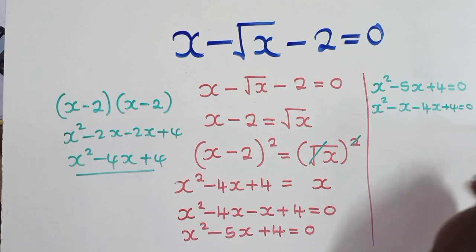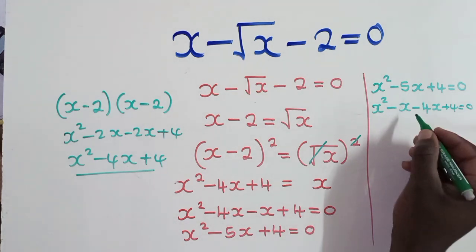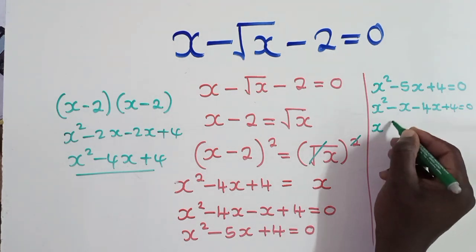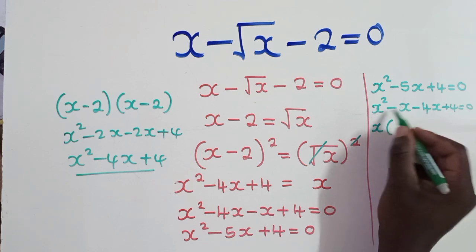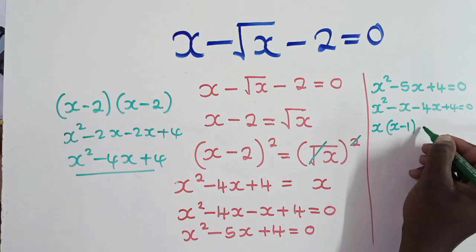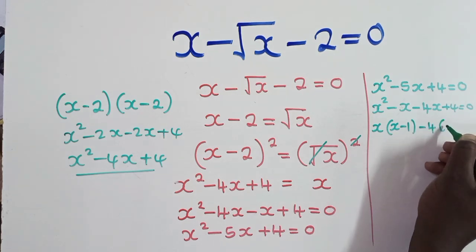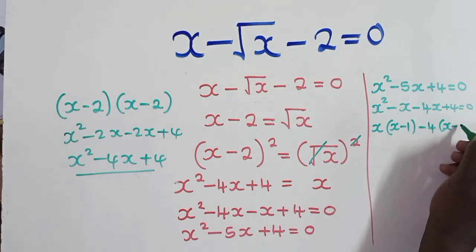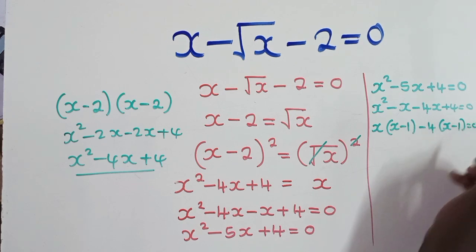In case you don't know how to solve the quadratic equation, you can check one of my videos where I showed how to solve it. When we factor out x, we shall remain with x minus 1. Here 4 and x minus 1 on this side, which is equal to 0.